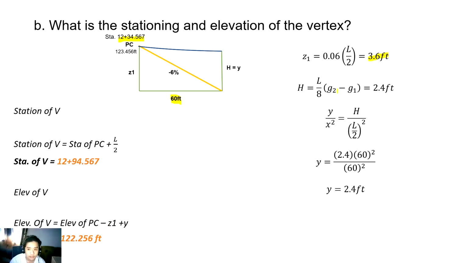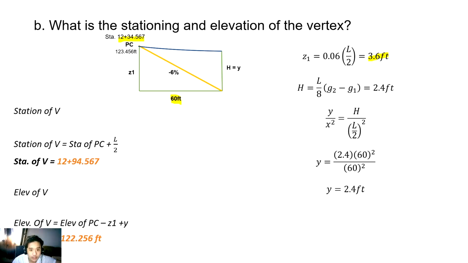Then, H, para makuha naman natin yung Y, using this formula, para malaman natin kung same. So, H equals to L over 8 times G2 minus G1. So, ang L natin is 120 over 8. Tapos, yung G2 natin, ito yung sa forward tangent.